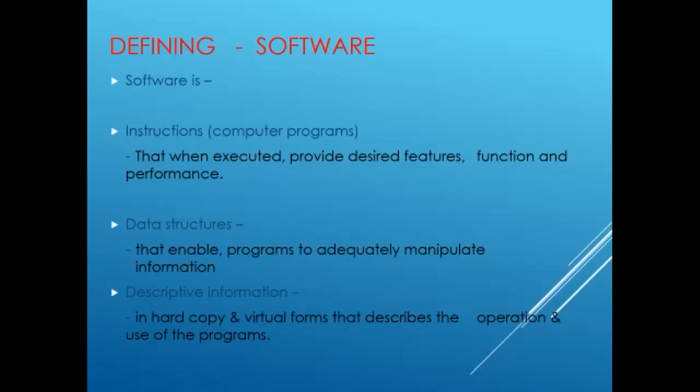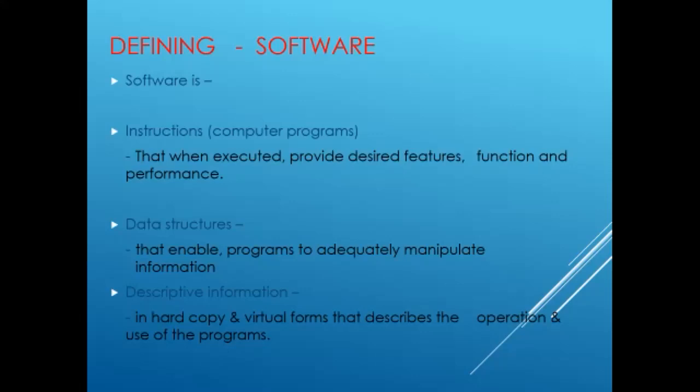Then data structure is that which enables programs to adequately manipulate information, and the descriptive information, in hard copy and virtual forms, describes the operation and use of the programs.